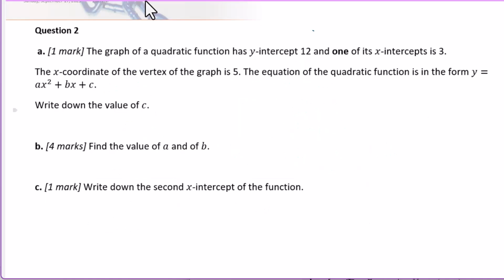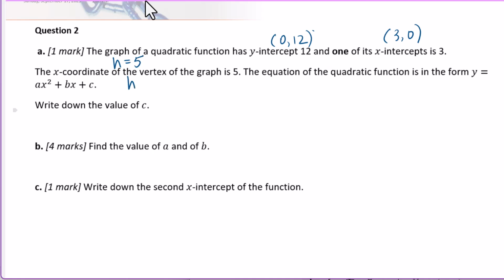Question 2. The graph of a quadratic function has a y-intercept (0, 12), and one of its x-intercepts is 3, which means (3, 0). The x-coordinate of the vertex of the graph is 5, which means h equals 5.